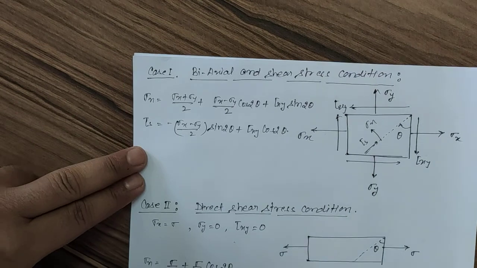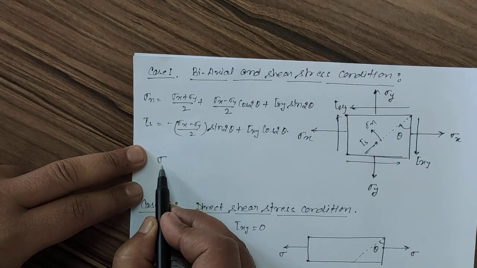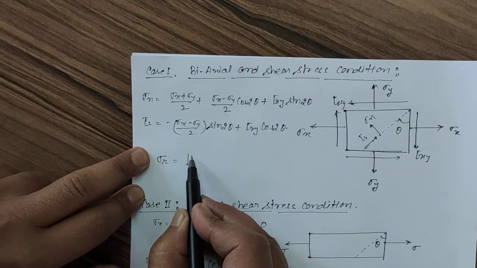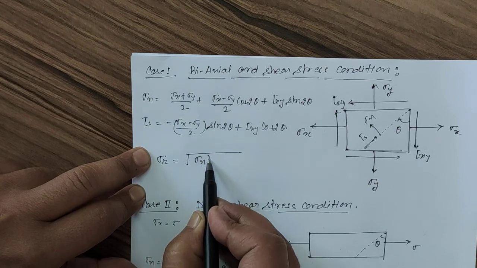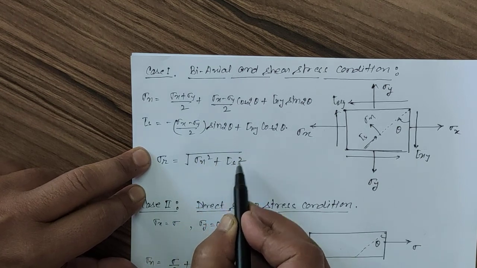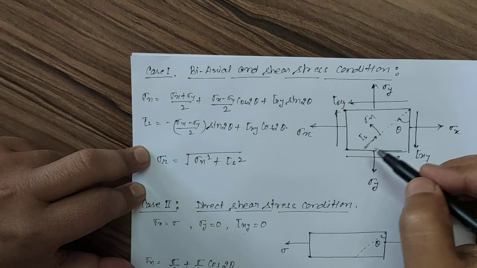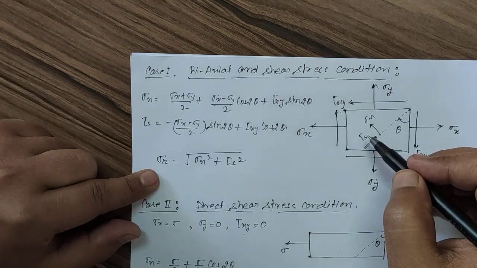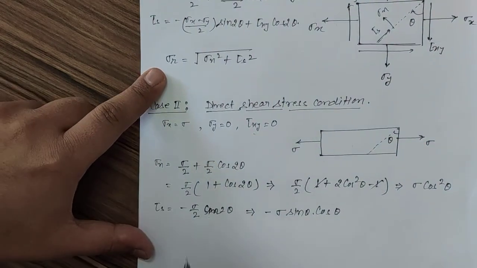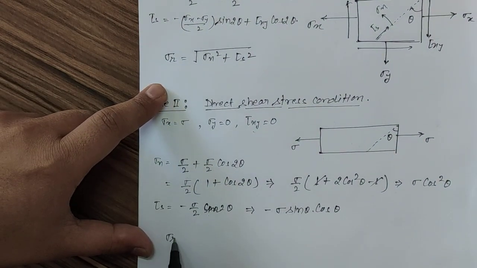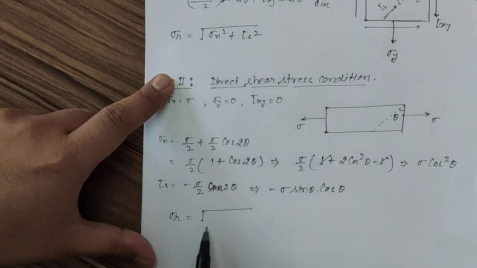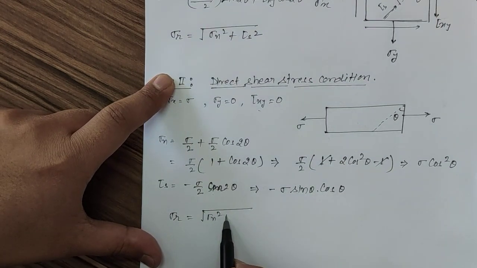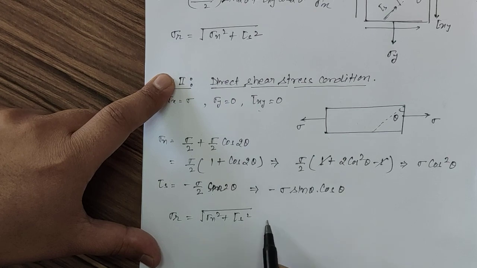From here also, in this case, we can calculate the value of resultant stress, and resultant stress will be equal to sigma n square plus tau s square. That is the resultant stress, because both the stresses are perpendicular to each other. Here we can calculate sigma r, which is equal to the square root of sigma n square plus tau s square.